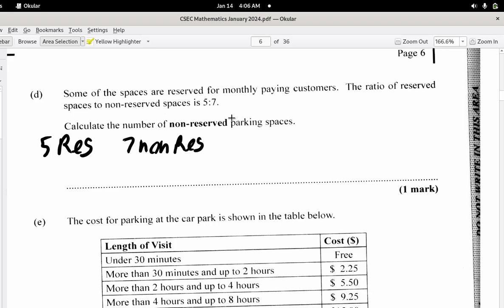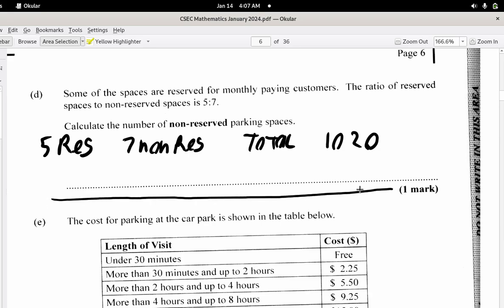The number of non-reserved spaces is what? Well, the total number of spaces is 1020, right? Now, 5 parts of this 1020 are reserved. 7 parts are non-reserved. So if you draw a line, I say all of this is the 1020.